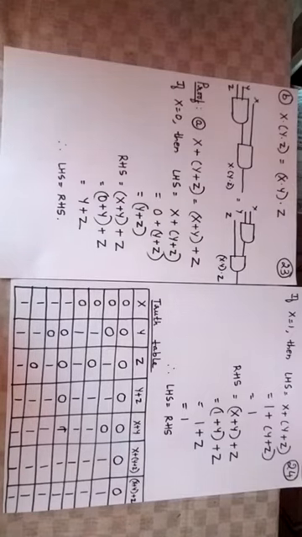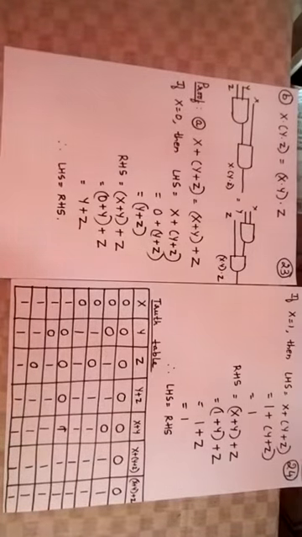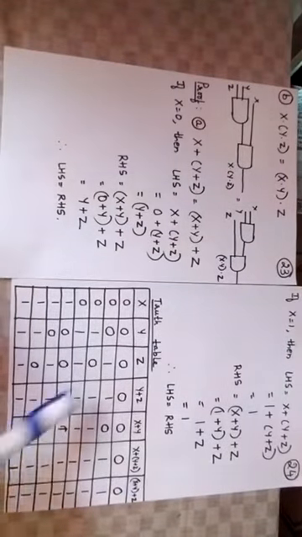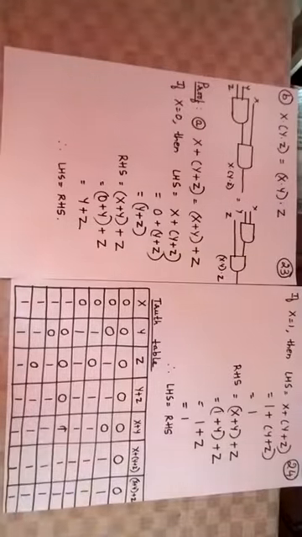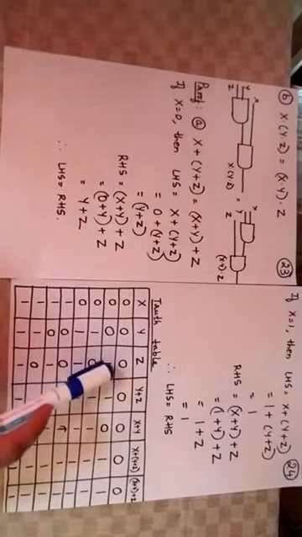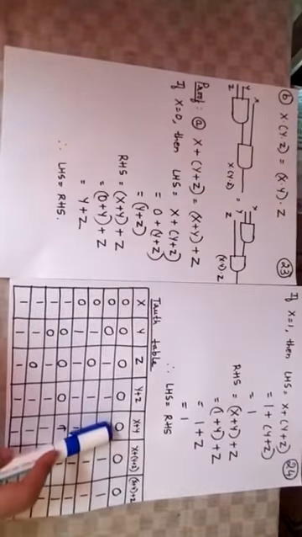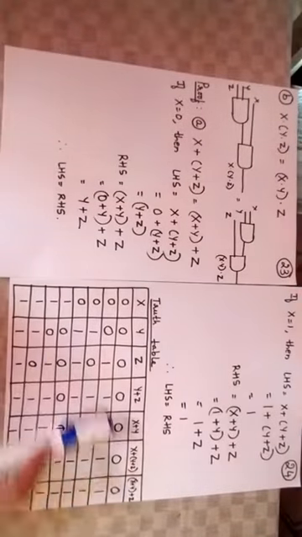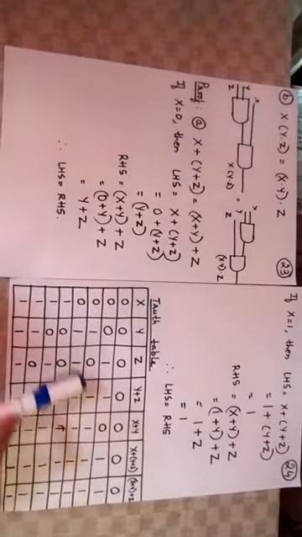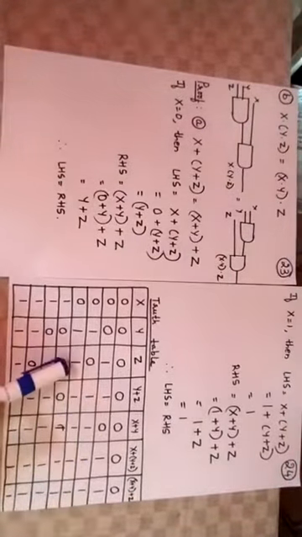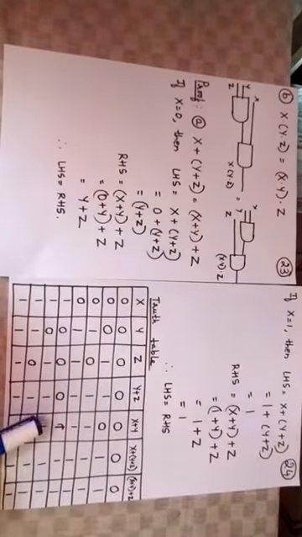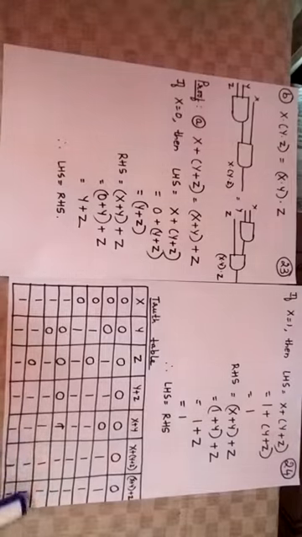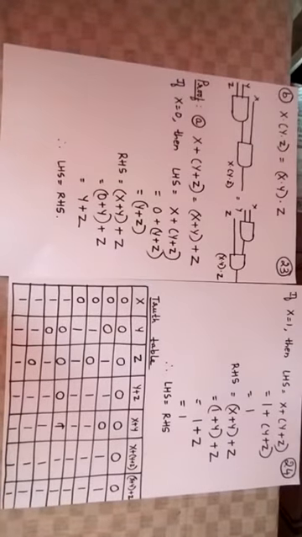Now I have to put the values for the right hand side, which is (x plus y) in parenthesis plus z, which means I have to take these x plus y values and this z value and perform this operation. So take z. 0 plus 0, 0. 1 plus 0, 1. 0, 1, 1. 1 plus 1, 1. 0 plus 1, 1. 1 plus 1, 1. 0 plus 1, 1. 1 plus 1, it is 1.